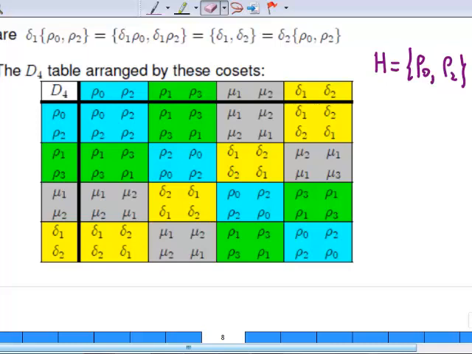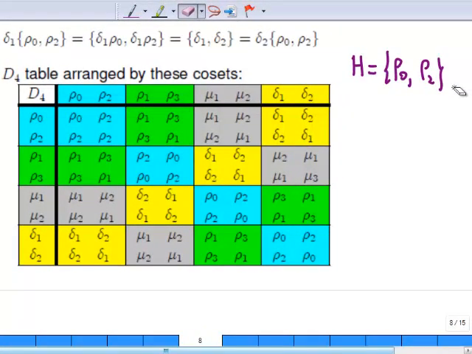So this is a rotation subgroup. Then I can start looking at the cosets. What are the cosets then? One of them is rho 0 H, everything in H multiplied with rho 0 on the left side.